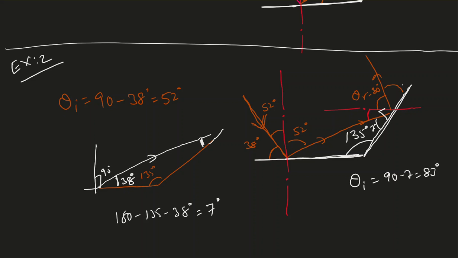It must be 7 degrees, because if theta r equals 83 degrees, and the angle between the normal and the mirror is 90 degrees, out of 90, 83 is gone, so you end up with 7 degrees. That 7 degrees is the angle between the reflected light ray and the second mirror.